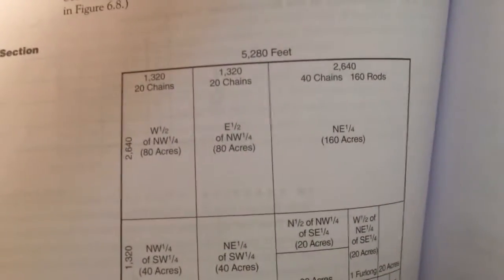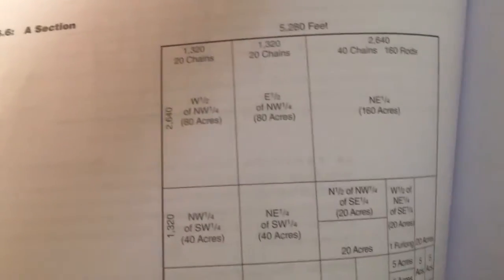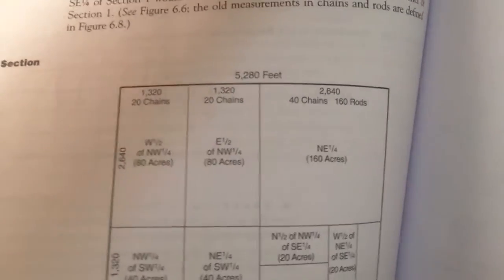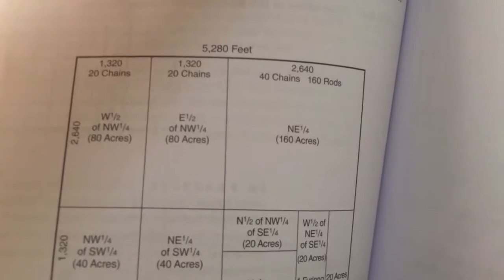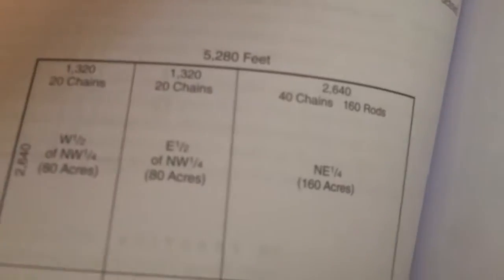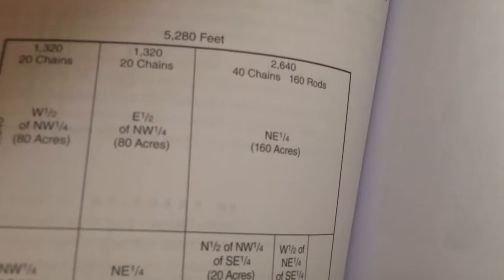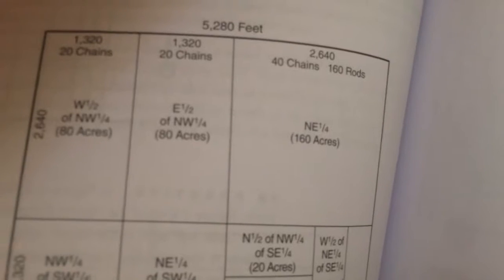Figure 6, period 6, a section. You got 5,280 feet across the top. You got 2,640. Underneath that, you got 40 chains.